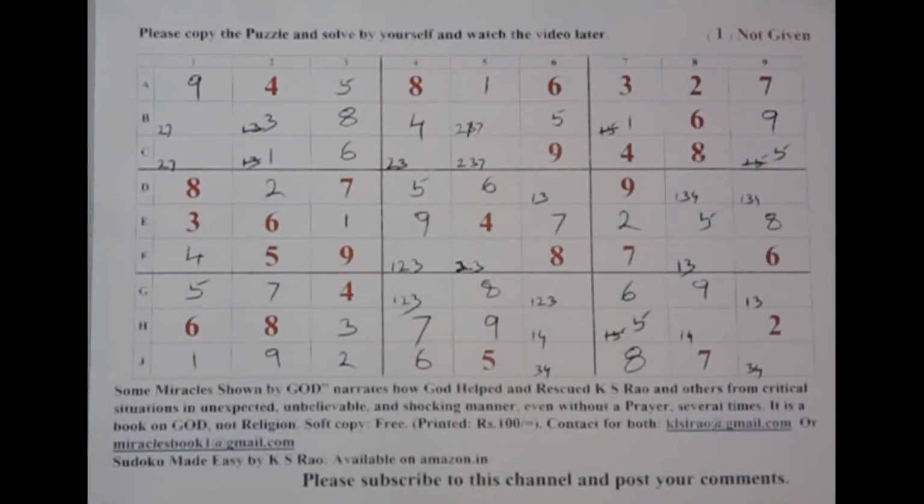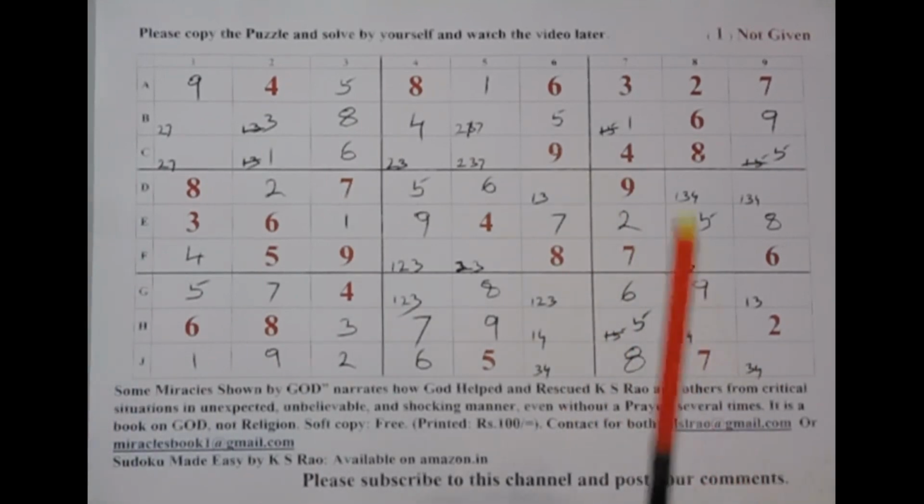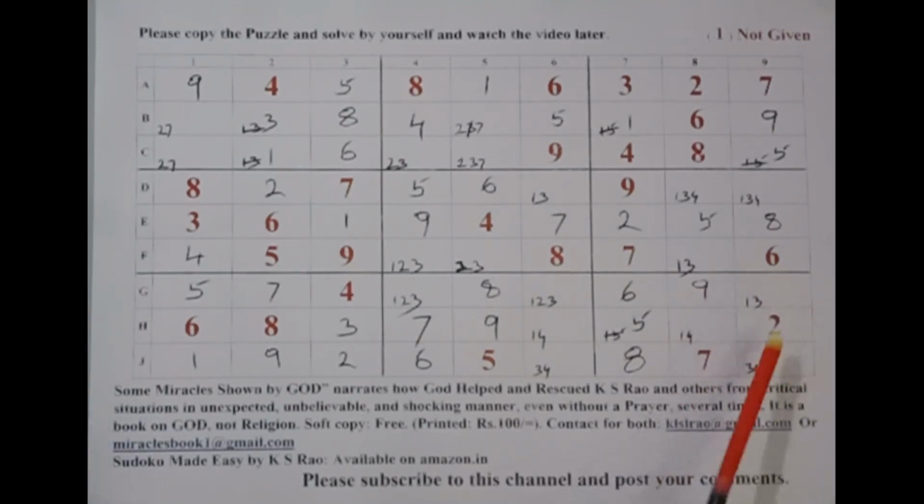Okay. Now we are going to talk about XY wing. Now there are 3 XY wings in this puzzle. I am reviewing them in secret now. Okay. Now look at this box number 9. This 1, 3 and 4 in these 3 spaces also form an XY wing. See, 1 and 4 here, 3 and 4 here, 1 and 3 here.